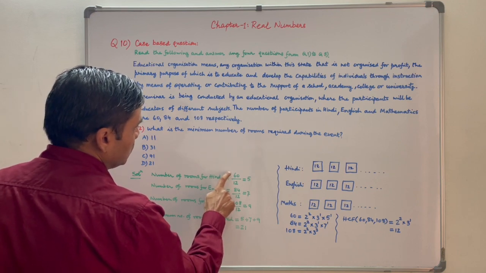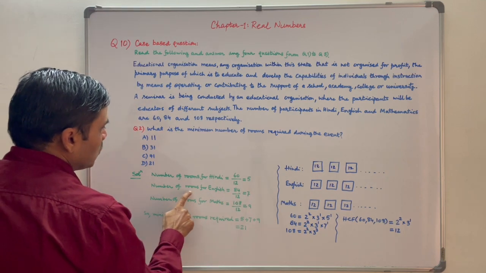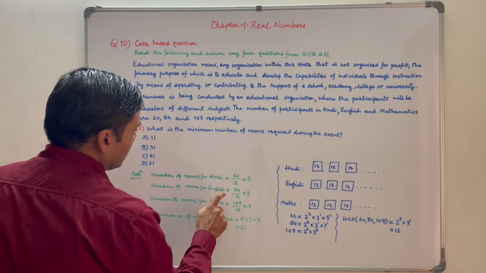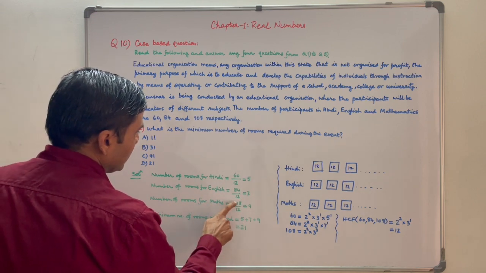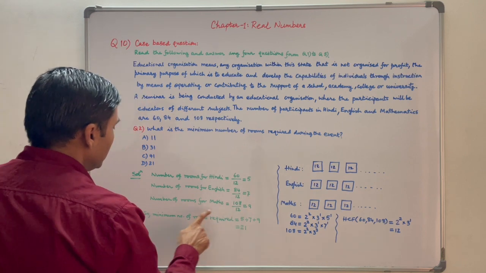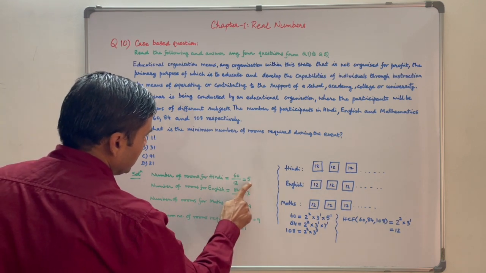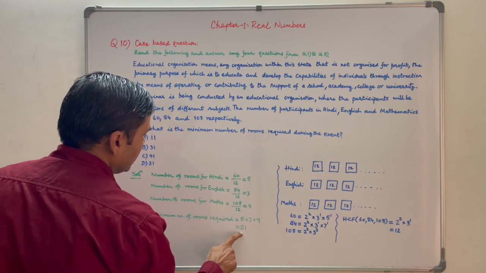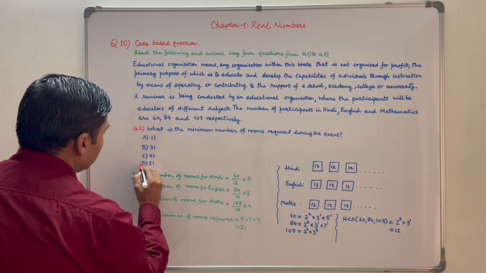So that will be equal to 60 upon 12, that is 5. Similarly, number of rooms for English will be 84 upon 12, that is 7. And number of rooms for maths will be 108 upon 12, that is 9. So minimum number of rooms required for the event will be 5 plus 7 plus 9, and that is 21. So the correct option is option D.